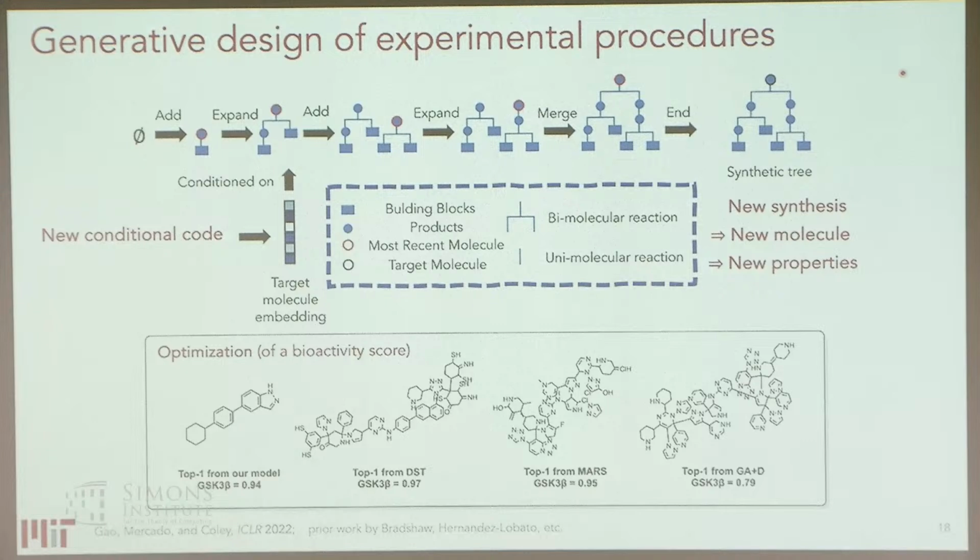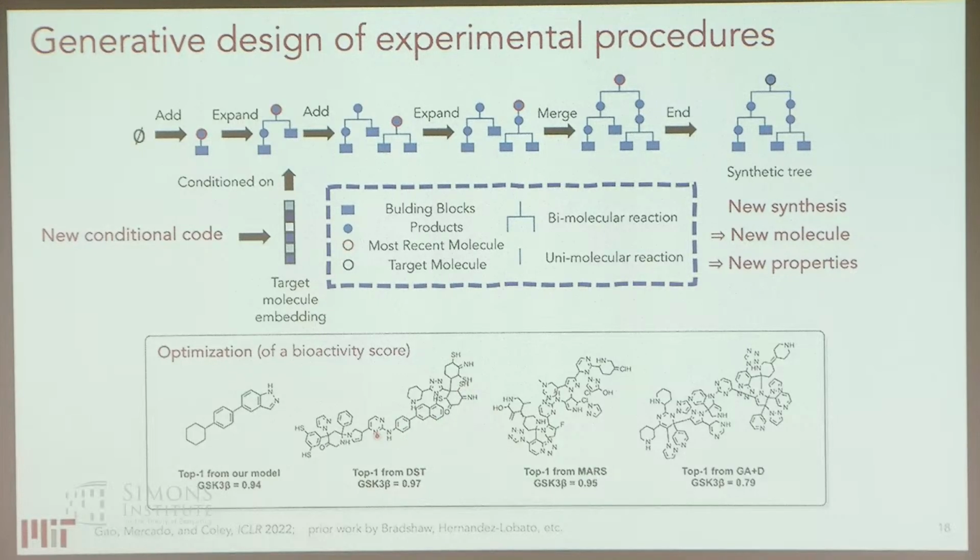The effect of doing this is exemplified by this case study of optimizing this heuristic bioactivity score. This GSK3 beta, I think it's a random forest model classifying bioactivity 0 and 1. If you use fragment-based generative techniques, you end up finding very large structures that score quite well, but they're very large and not actionable.